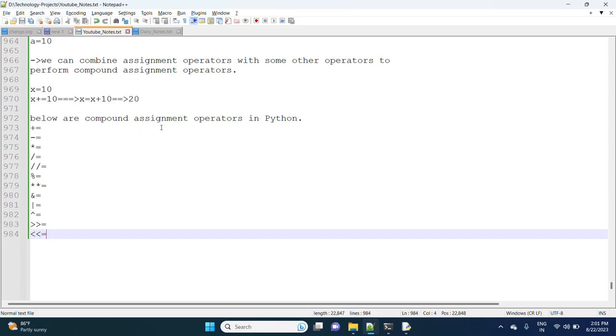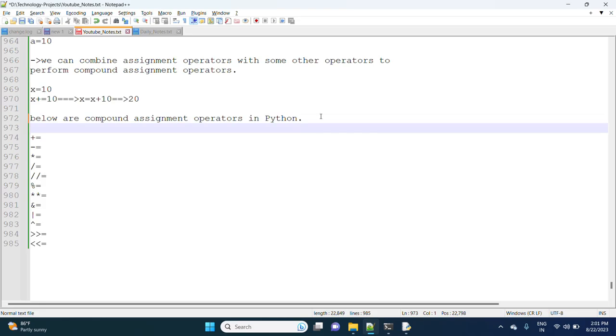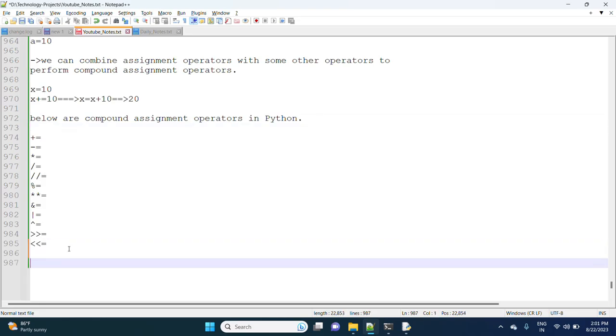These are the compound assignment operators in Python. But make sure there are no increment or decrement operators in Python.